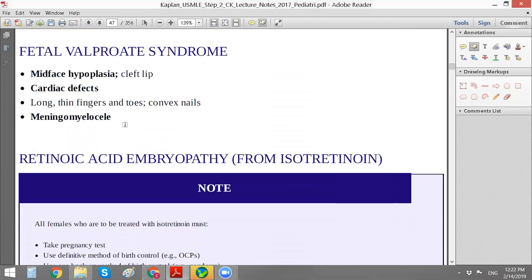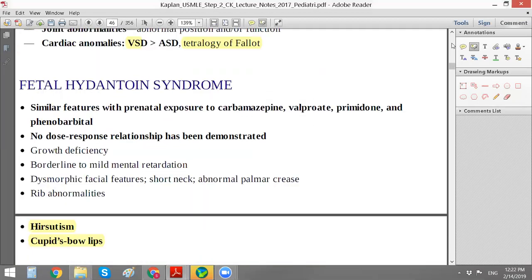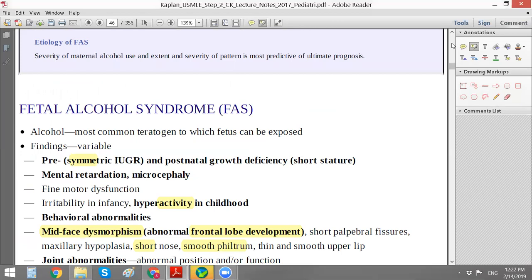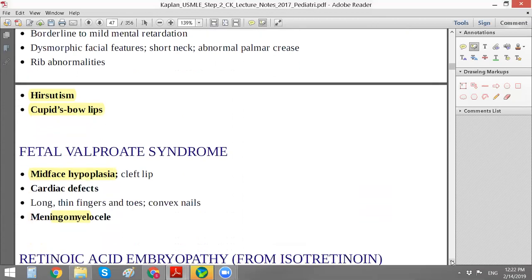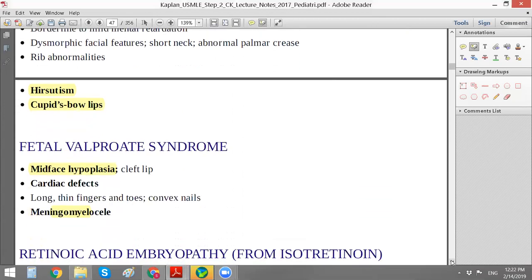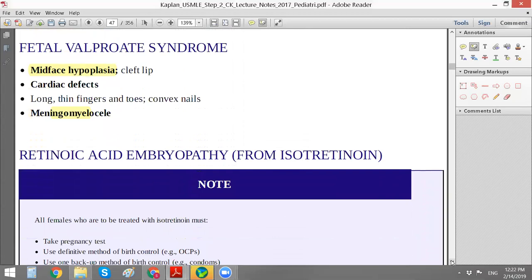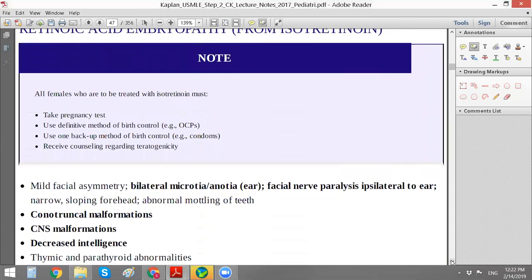Meningomyelocele, midface hypoplasia, and cardiac defects. Midface hypoplasia was in fetal alcohol syndrome. Hydantoin also looks similar, but with midface hypoplasia. Meningomyelocele is something that is in fetal alcohol syndrome.